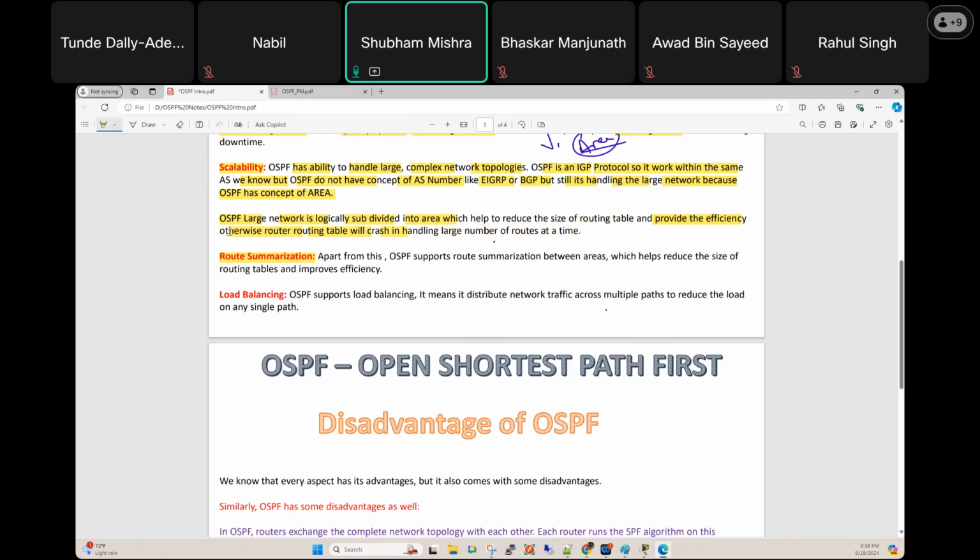So with the help of route summarization, what is the benefit? The size of the routing table will be reduced. Sir, one more time please, route summarization. Route summarization means that instead of installing multiple small routes one by one in the routing table, OSPF performs route summarization.